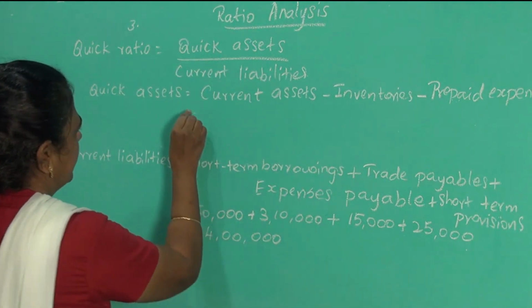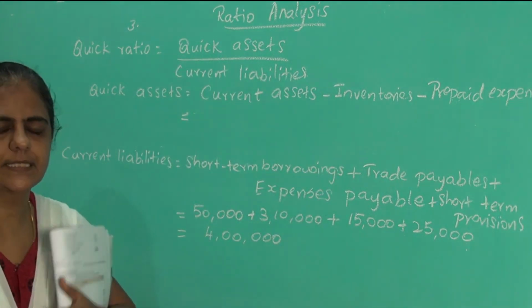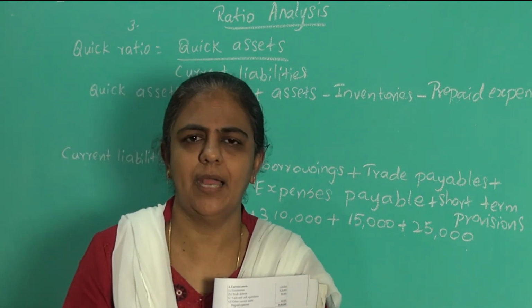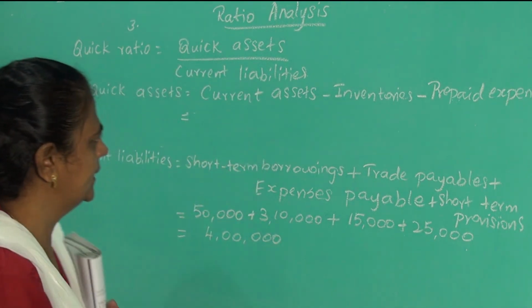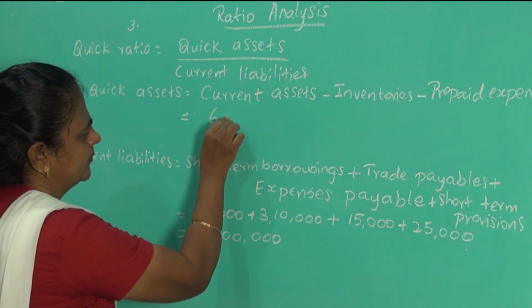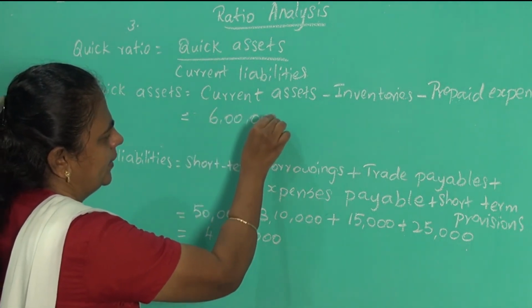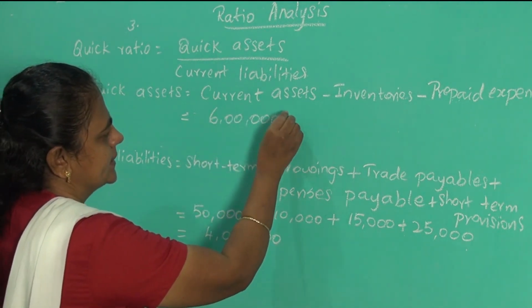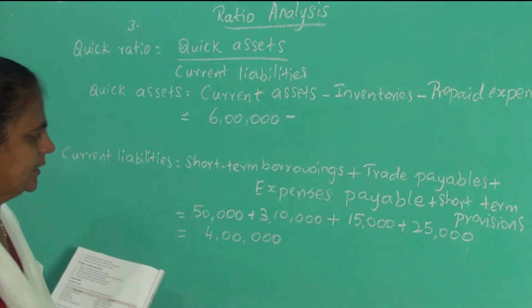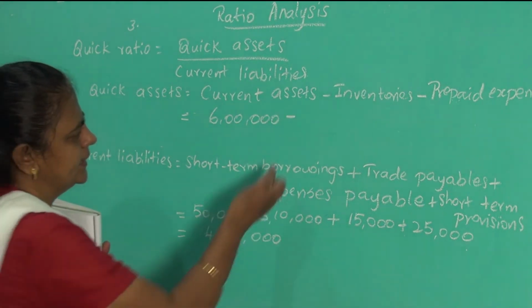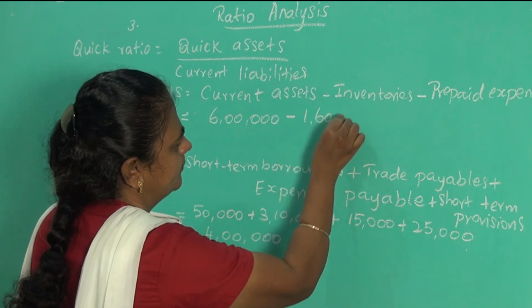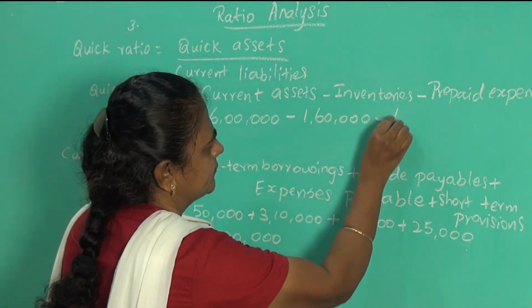Okay, so current assets is how much? Just now you calculated current assets. You have total current assets. So total current assets is how much? 6 lakh. You have calculated already current assets. Okay, 6 lakh. From that you deduct inventories and prepaid. Inventories is 1,60,000 and prepaid is 40,000.